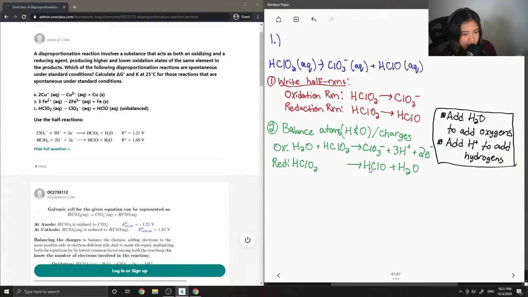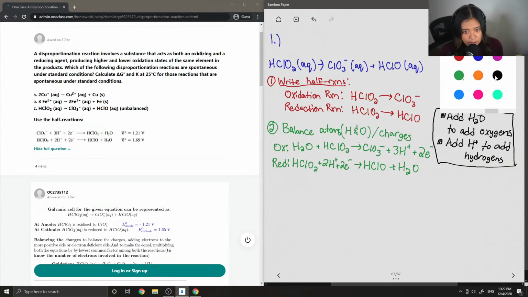So now there are 3 hydrogens on my products. So I need to add 2 protons to my reactants. And then to balance out this positive charge, I need to add 2 electrons as well. Okay, so now everything should be balanced in terms of atoms and in terms of charges.